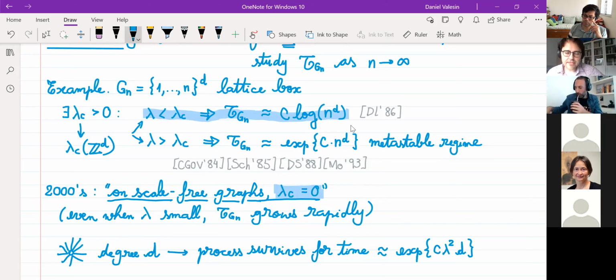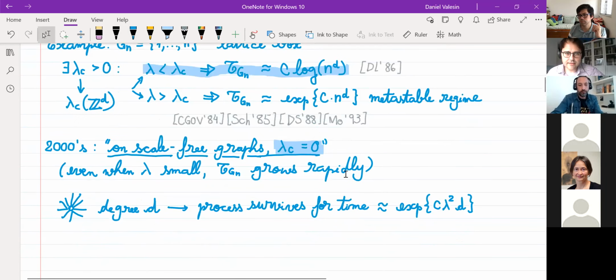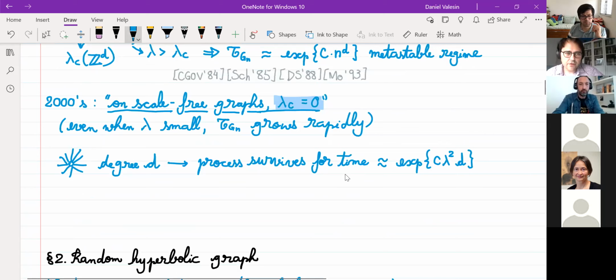And the reason for that is, if you have vertices of high degree, let's say this is what is called a star, or a super spreader, it's a vertex of degree d with d large. These vertices hold the infection for a very long time, because if the center gets infected, it transmits the infection to many neighbors, and then the infection keeps coming back to the center. So the center keeps more or less all the time being infected, because as soon as it recovers, it receives the infection again.